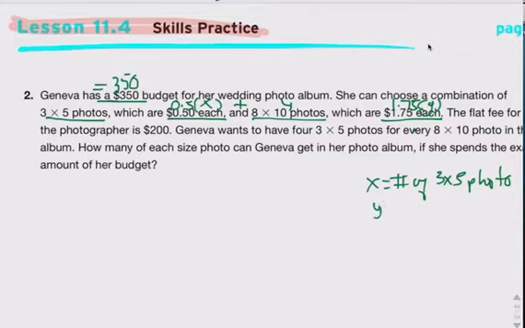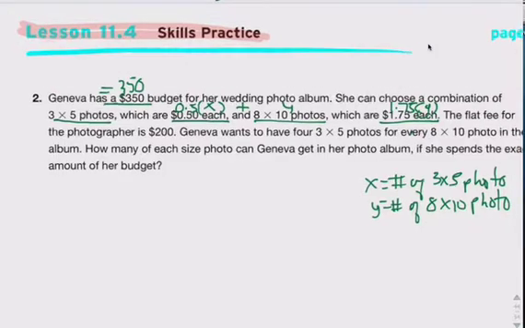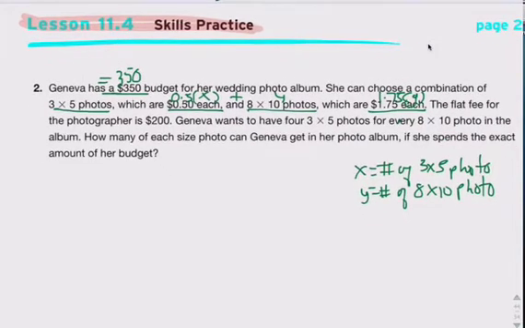So y equals the number of 8 by 10 photos. Okay. The flat fee for the photo is $200. So there's a flat fee, so she's going to also pay the fee of $200.